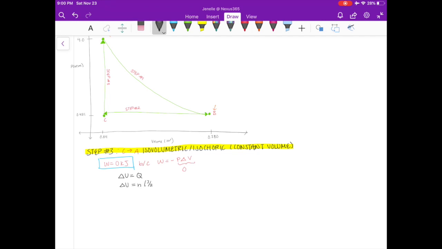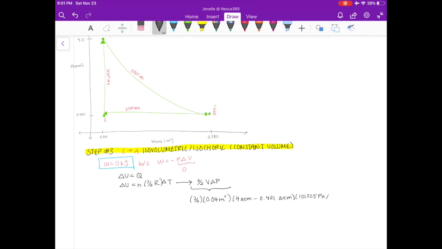And again, delta U equals n 3/2 R delta T. And this can also be written as 3/2 times the volume times the change in pressure. And in this case, the change in pressure is proportional to the change in temperature. So the volume stays constant at 0.4 meters cubed, and the pressure changes from 0.421 atm to 4 atm.